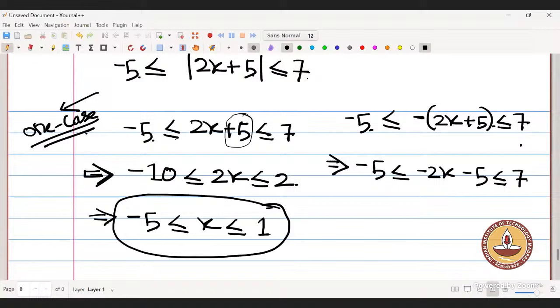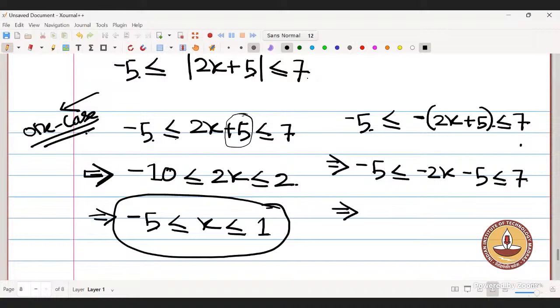So eventually you will get no solution. Yeah, that is what I'm trying, because nothing can be greater than 5 and less than -7.